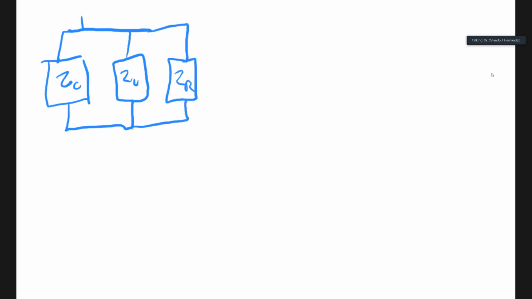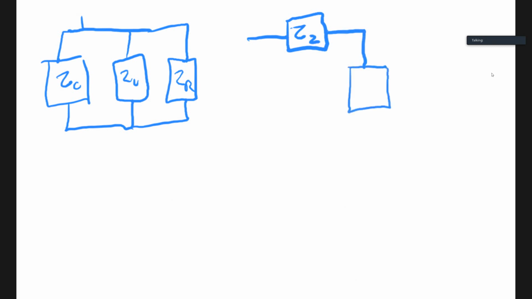If we form a voltage divider, let's say with some impedance, one of those, and I'm going to call this impedance the zero impedance, and then the other ones that are in parallel, let's just call it Z other.